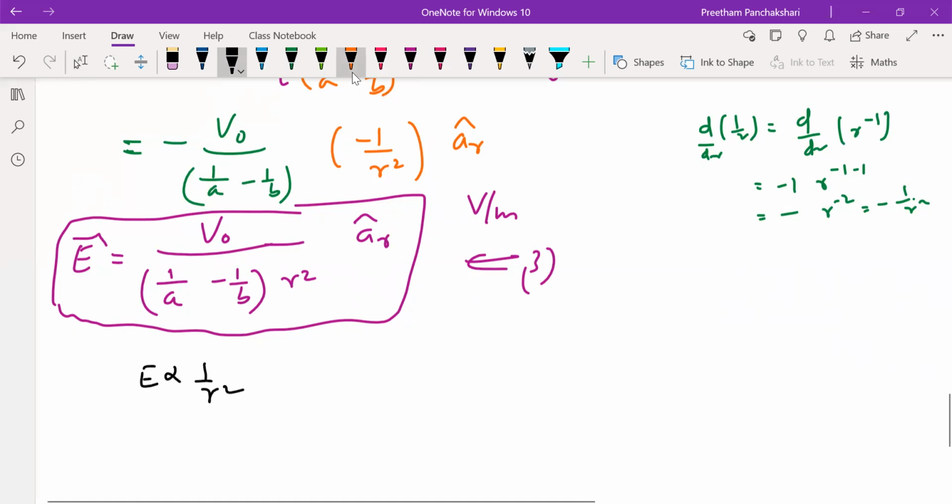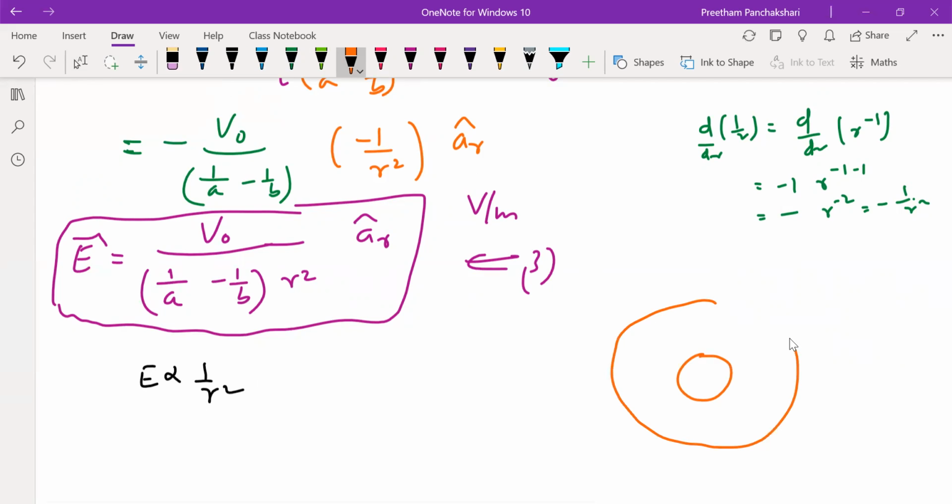So in a spherical capacitor having two spheres here, the electric field between the two spheres is in radial direction. This is radial direction.